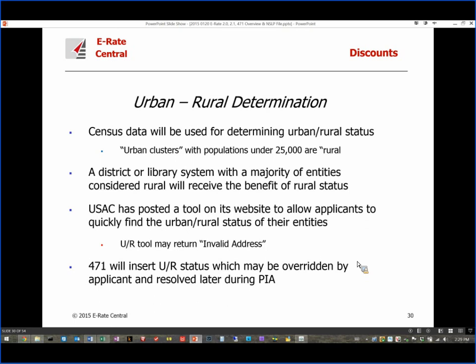If there is something that needs to be contested or clarified at that time, the applicant has the ability to override the status that the system put in. And during PIA, from what we understand from USAC, the PIA reviewer will in fact work through the discrepancy of what the system had versus what the applicant put in. Apparently those are all going to be flagged.